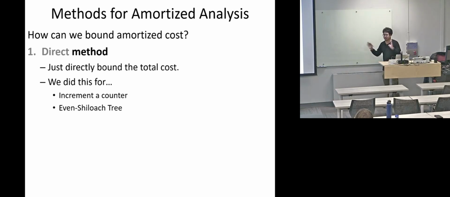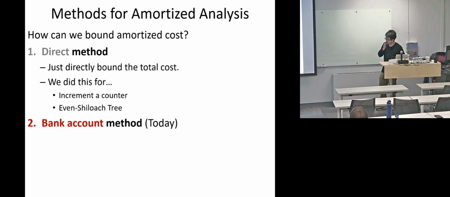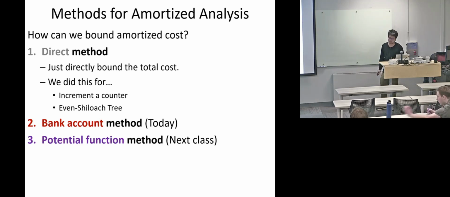sometimes it's hard to think about how to do this directly, and there are two methods that we will introduce for bounding amortized cost. One is the bank account method, which we will see today, and the potential function method is for next class.